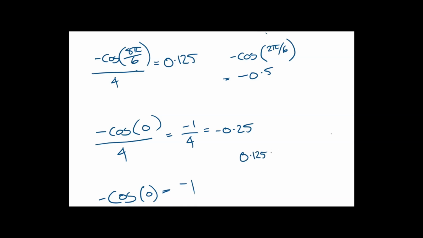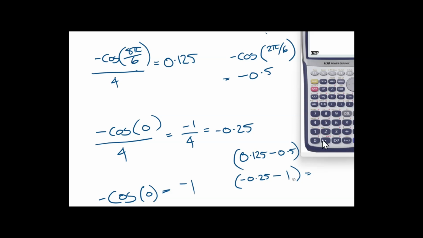0.125 minus 0.5 minus 0.25 minus. So in other words, 0.25 minus 0.5 plus 0.25 plus 1. And it's going to give us, remember, 0.125 minus 0.